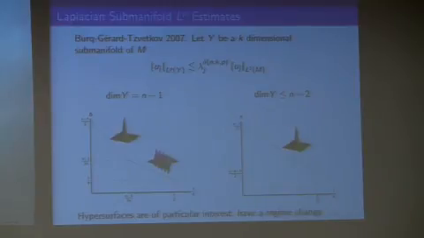Burq, Gérard and Tzvetkov in 2007 did this for the Laplacian eigenfunctions. They obtained two different sorts of regimes depending on whether you're on a hypersurface or a lower dimensional submanifold. The hypersurface is more interesting because it still has this piecewise behavior with two different regimes, the point and the tube.